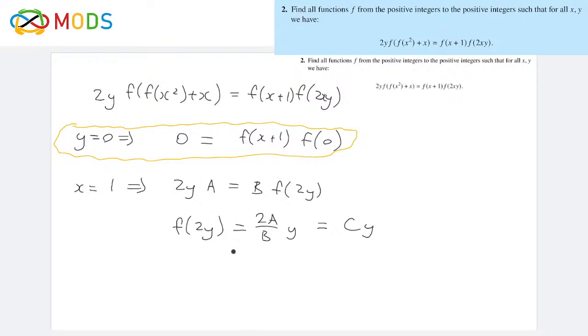Yeah. And this implies that f of 4y is even, right? Sorry? This implies f of 4y is even. How? Because f of 2y is an integer. So if you substitute y as an integer, then 4y is even, so this is also even. Yeah.